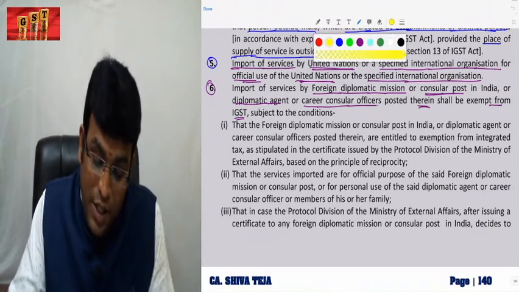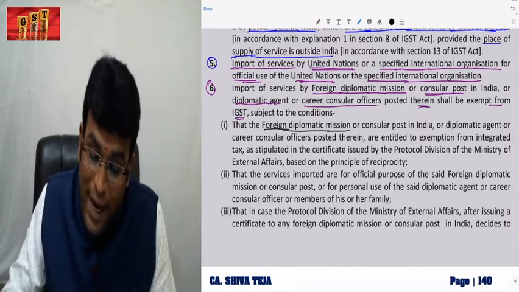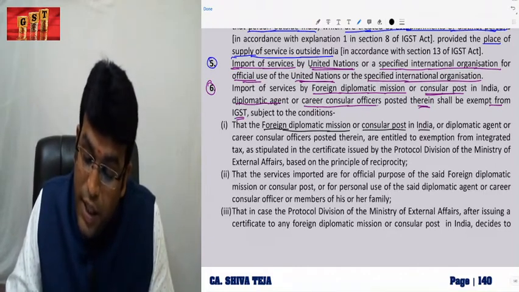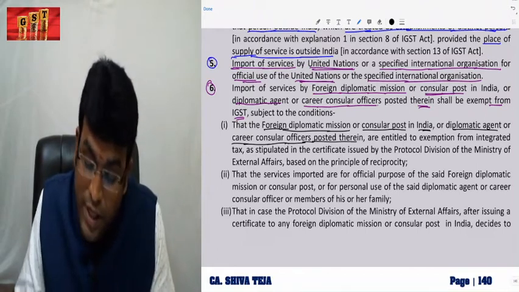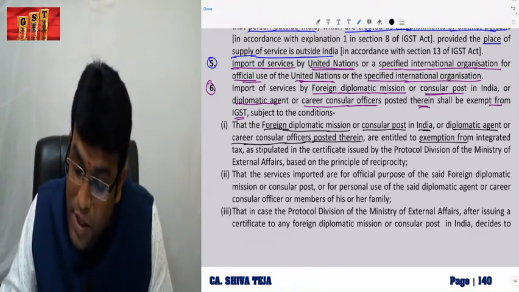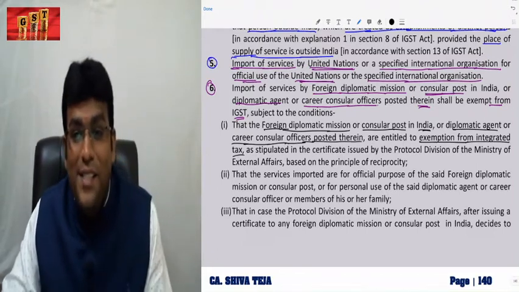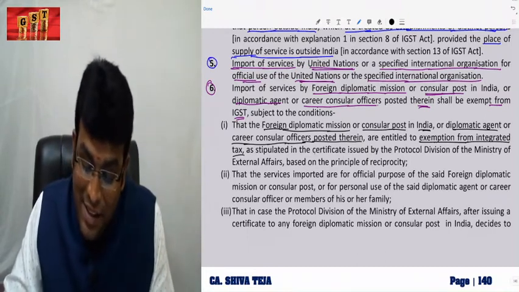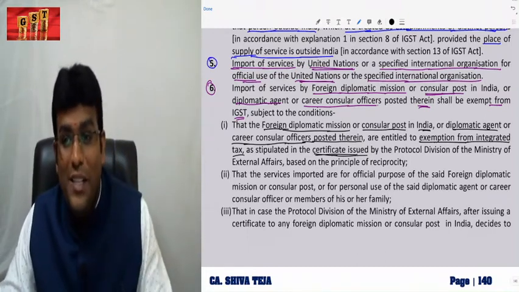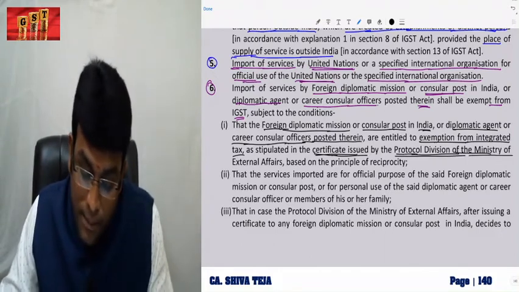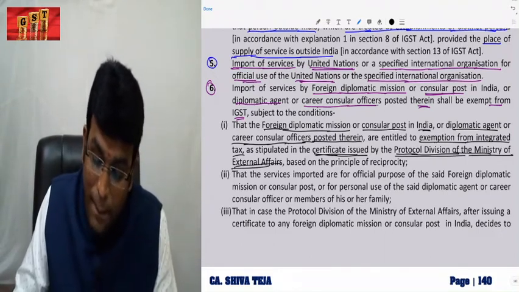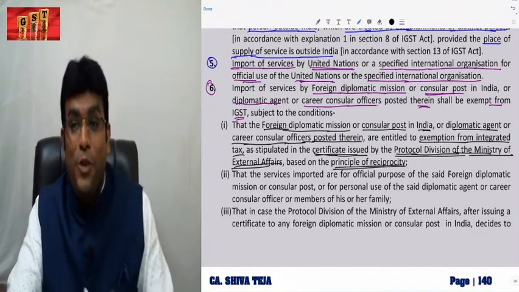Subject to the condition that the foreign diplomatic mission or consular post in India or diplomatic agent or career consular officers posted therein are entitled to exemption from integrated tax as stipulated in the certificate issued. Who will issue that certificate? It is issued by the Protocol Division of the Ministry of External Affairs based on the principle of reciprocity.